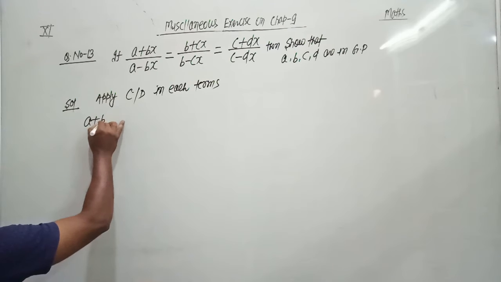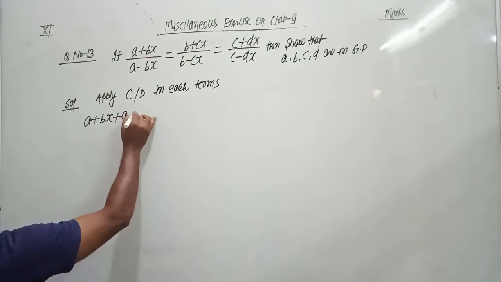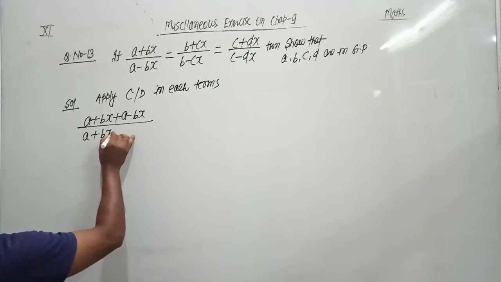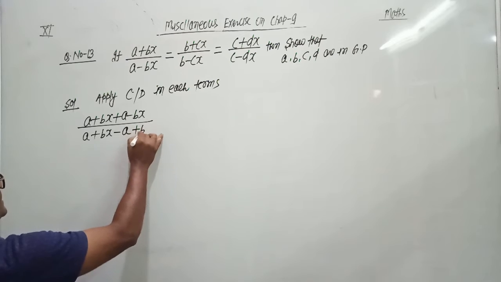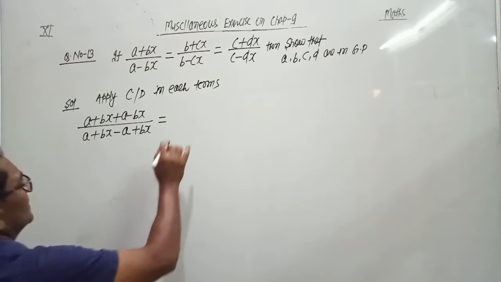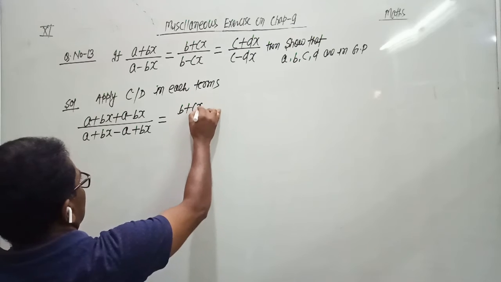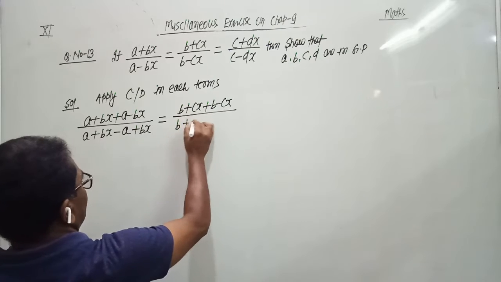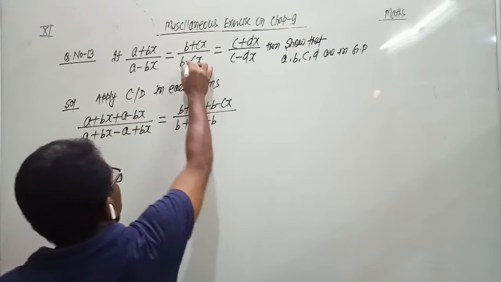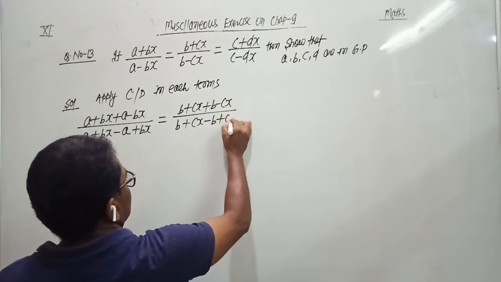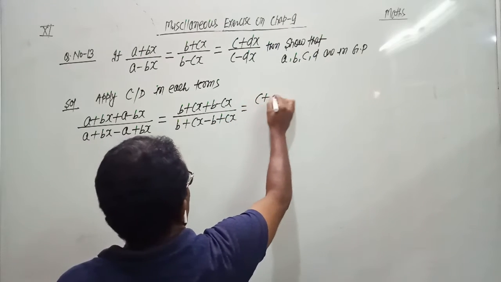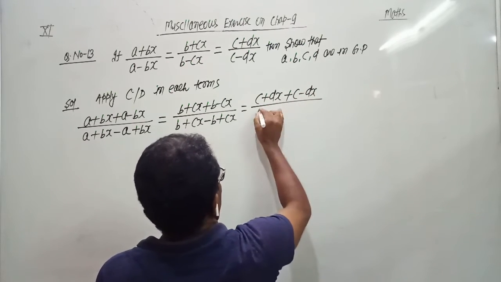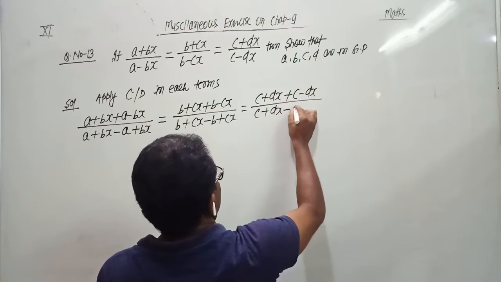So (a + bx + a - bx)/(a + bx - a + bx), then (b + cx + b - cx)/(b + cx - b + cx), then (c + dx + c - dx)/(c + dx - c + dx).